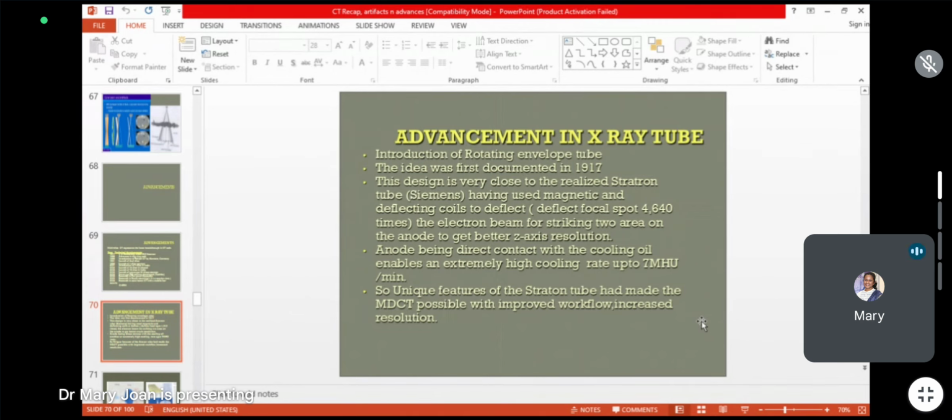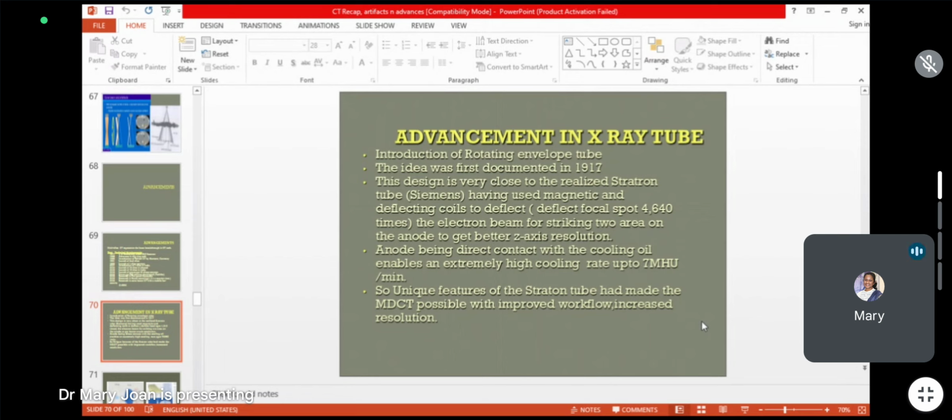The introduction of the rotating envelope tube: the idea was first documented in 1917. This design is very close to the realized Straton tube, using magnetic deflecting coils to deflect the focal spot, 4640 times, so the electron beam strikes two areas on the anode to get better Z-axis resolution.